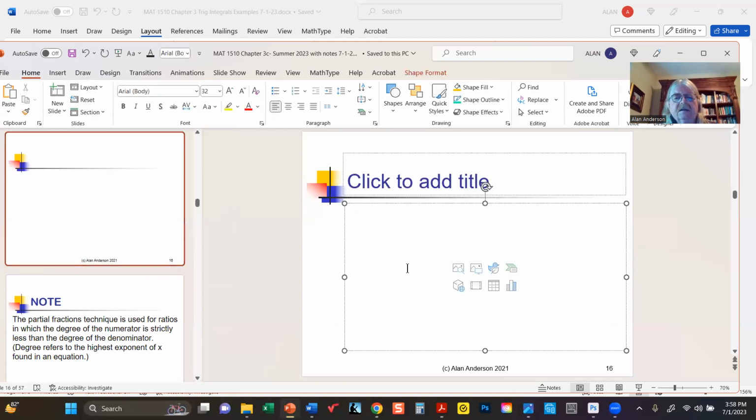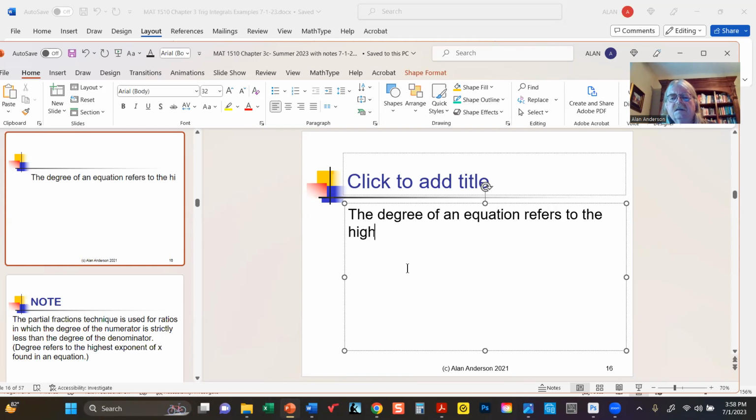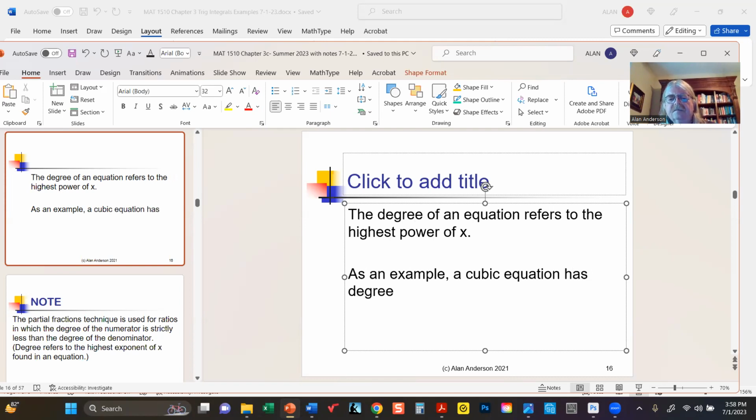The degree of an equation refers to the highest power of x. So just as an example, a cubic equation has degree 3. A quadratic equation has degree 2. So why does that matter?